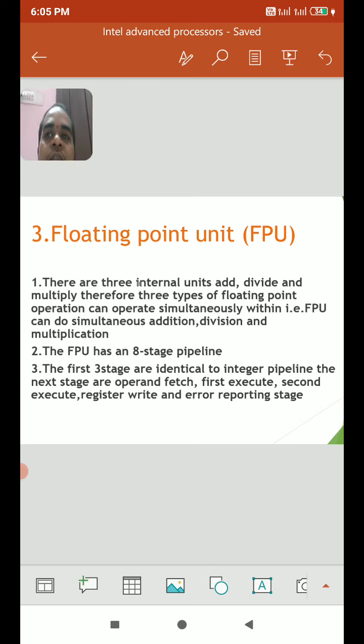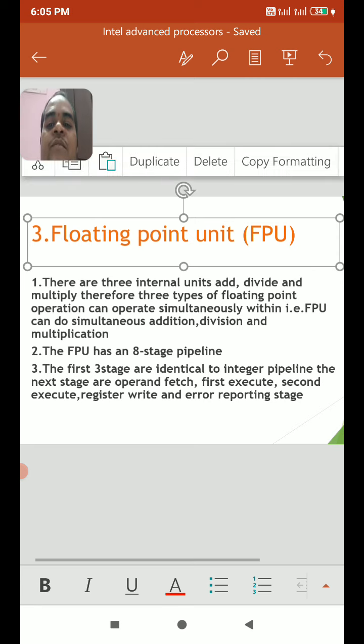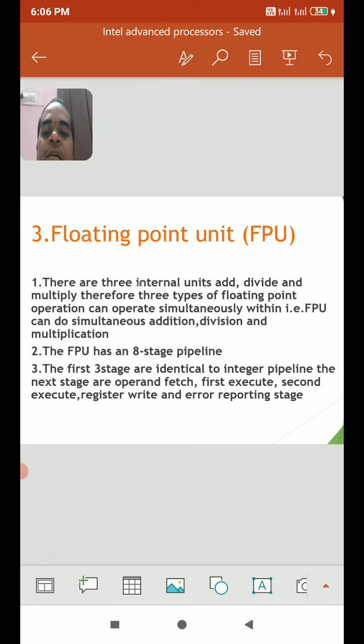We use the floating point unit for complex types of instructions. As shown in the diagram, the adder, divider and multiplier are present. They can do simultaneous operations, addition, division and multiplication, separately when an instruction contains 2 operations at a time.